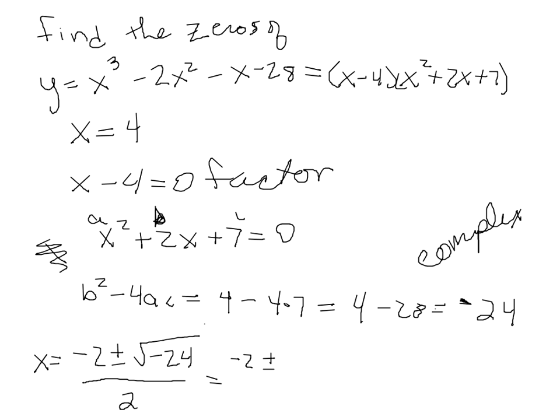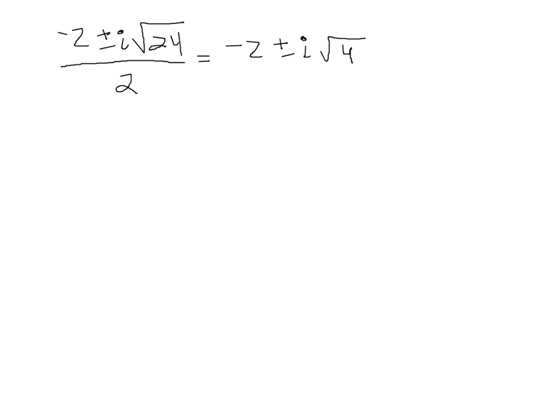So you get minus 2 plus or minus the square root of negative 24. The minus becomes an i, so this is i times the square root of 24. 24 factors into a lot of different things, but one of the things is a factor of 4.